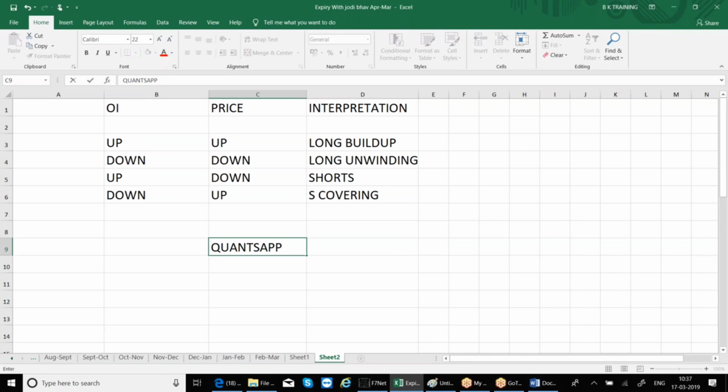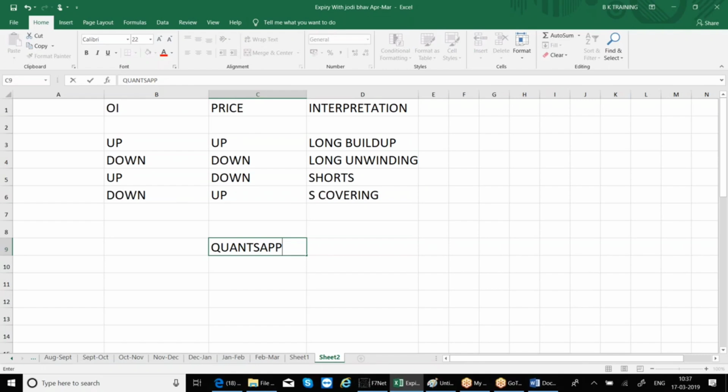So if you check it on QuantSap also, you have a future build up. In that future build up, you will have long build up, you will have long unwinding, you will have short build up, you have short covering. Okay?